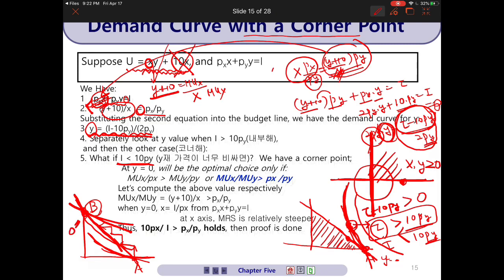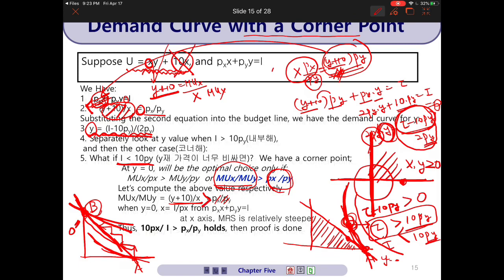So at a corner solution, what I'm saying is that the absolute value of the MRS, which is decomposed as MU of X over MU of Y, should be greater than the price ratio. We need to check whether that holds. So what's the MRS? It is this one, as we derived here, and the price ratio, whether that is correct here.